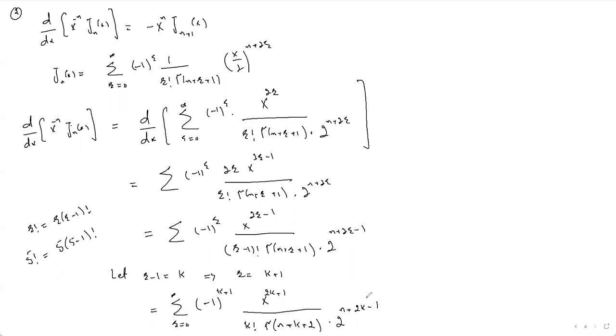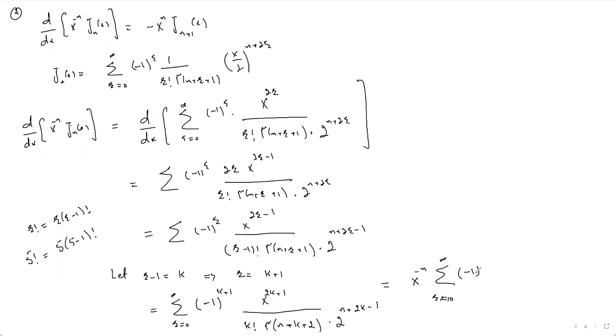Okay. Or I can just add and subtract this x raised to power minus 1. I can just write x raised to power minus n summation, rather we can take this k running from 0 to infinity. Minus 1 raised to power k plus 1.